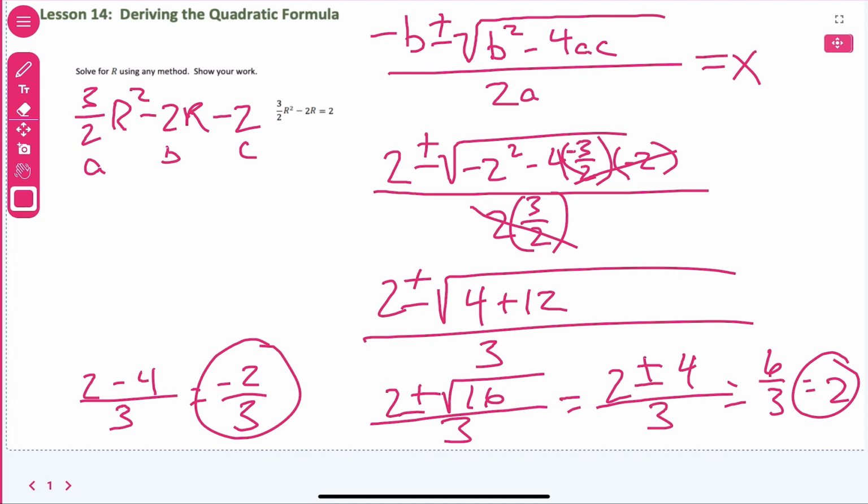Remember, when we have a quadratic, we know it's a quadratic when what? Highest degree is 2. Okay? Now, what does that 2 tell us?